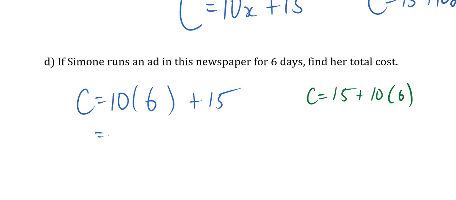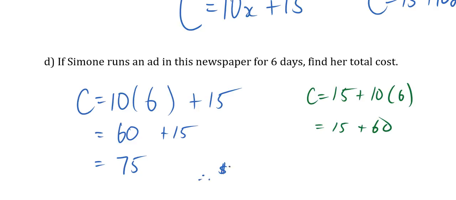So what is 10 times 6? 60 plus 15, or 15 plus 60. And that works out to $75. Therefore, $75 for 6 days. That's a lot of money, but ads and papers are actually very expensive.